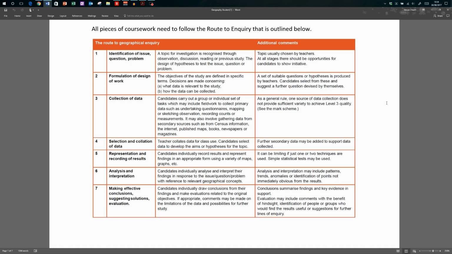Your coursework basically has to contain all of these different areas. I wouldn't focus too much on this because the further parts are going to go through it in more detail, and they're going to break it down into a more step-by-step process.